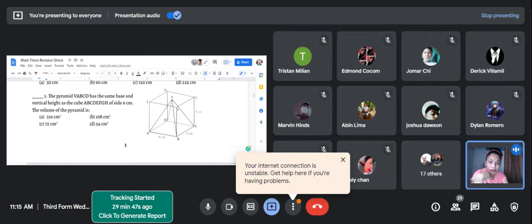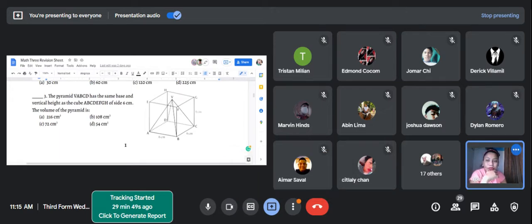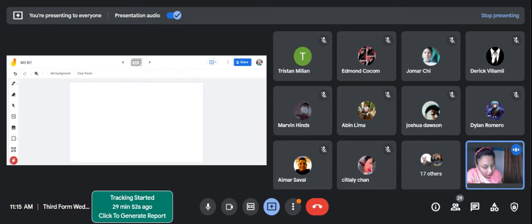Okay, let me just switch to my Jamboard right now. Okay. So this is what we're gonna be doing. I'm gonna write the formula for the volume, the formula that Marvin read.